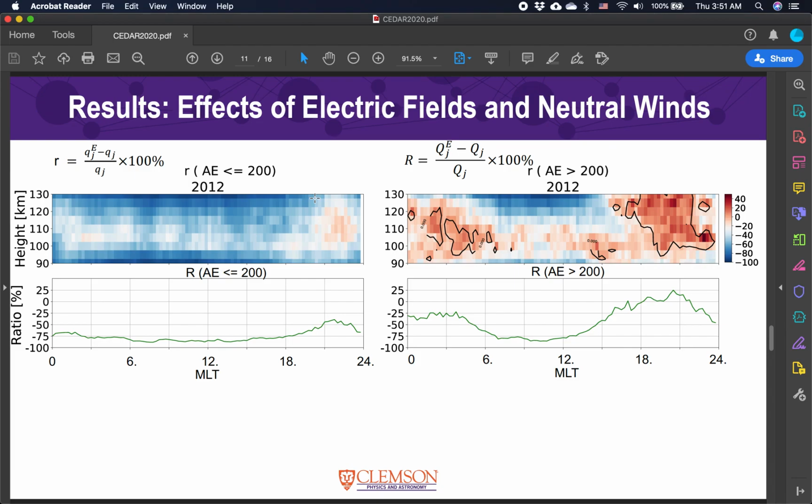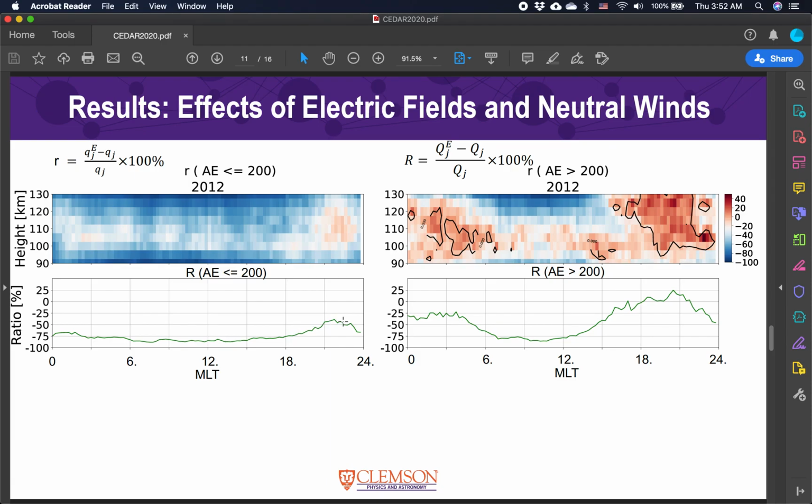Okay, let's see the result on the left column, which corresponds to quiet condition. Let's see the integrated term. Here we see that during most of the time the ratio is around minus 20%, which indicates that most of the Joule heating results from neutral winds.